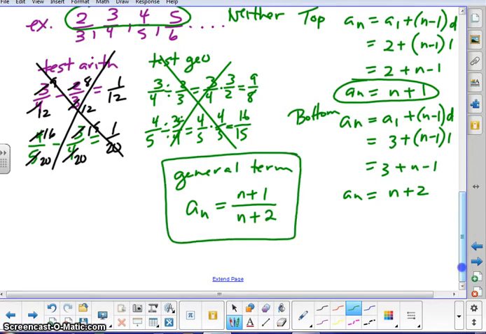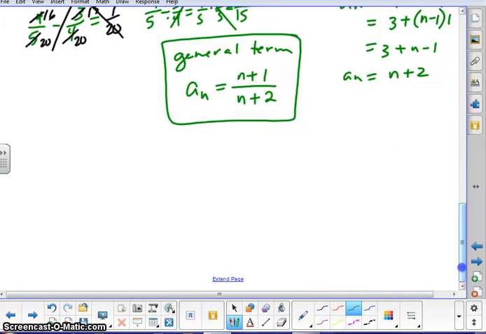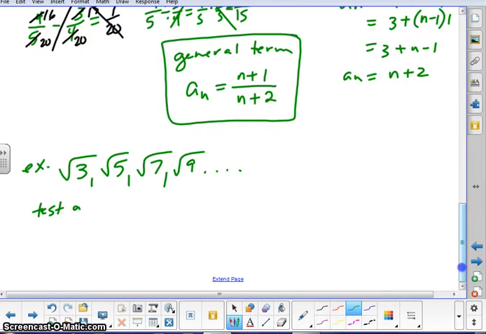Okay, now let's take a look at another type of problem. We have the square root of 3, the square root of 5, the square root of 7, the square root of 9, and so on. Okay, because this is kind of a different one than we're used to, if you do the test for arithmetic, square root of 5 minus square root of 3, and then the square root of 7 minus square root of 5.